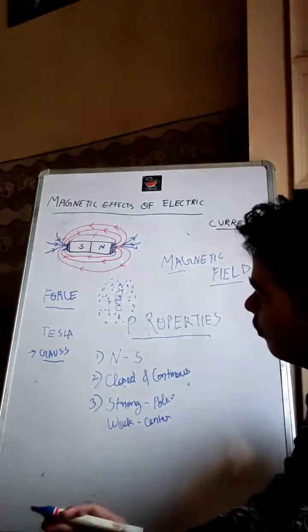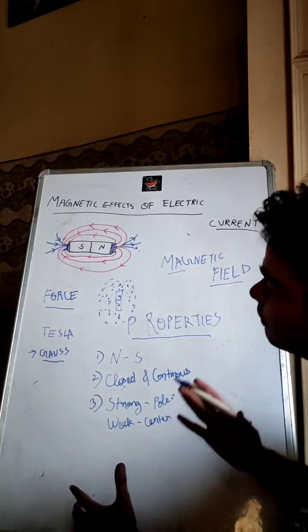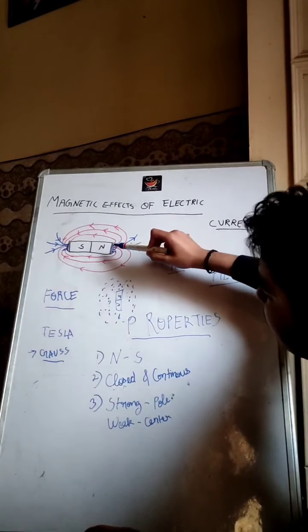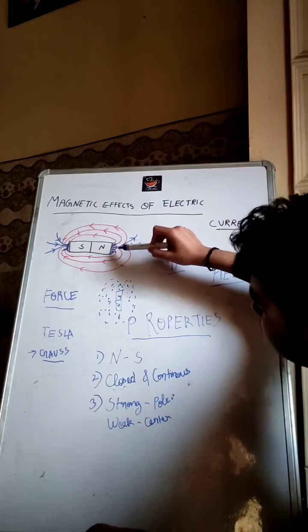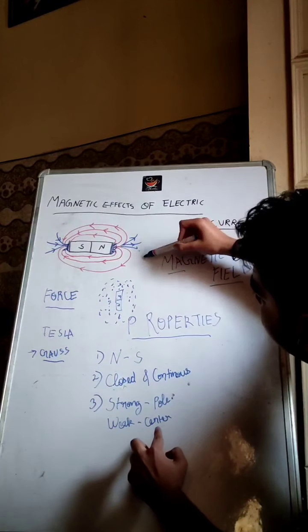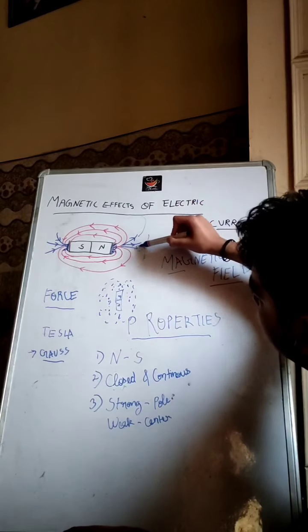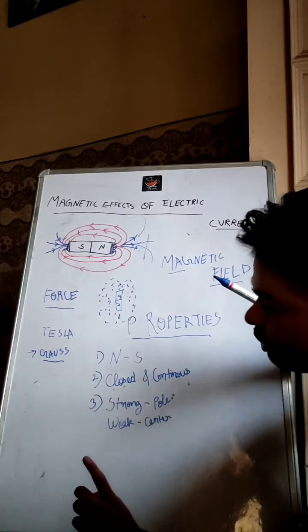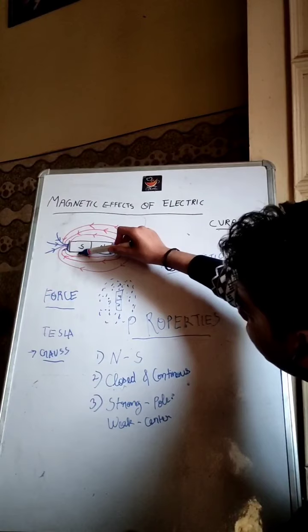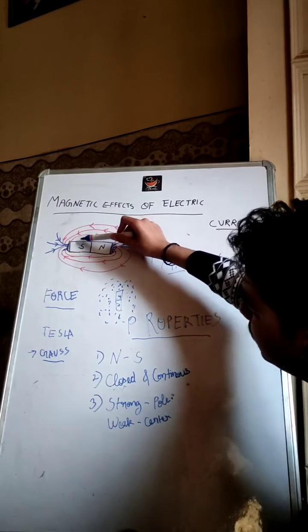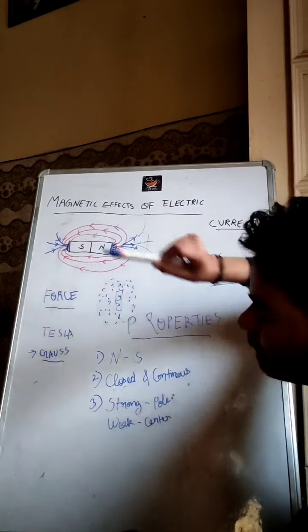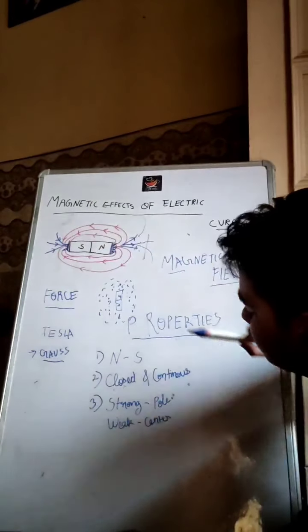That is the reason why the force of the magnetic field is very high near the pole and it is weak away from the pole, and in the area around the center of the magnet. You can see this area; the magnetic force is weak around here.